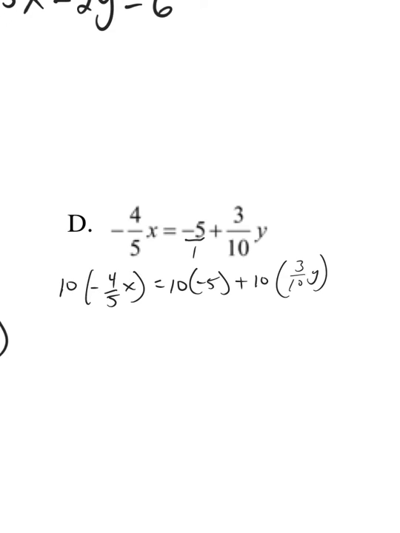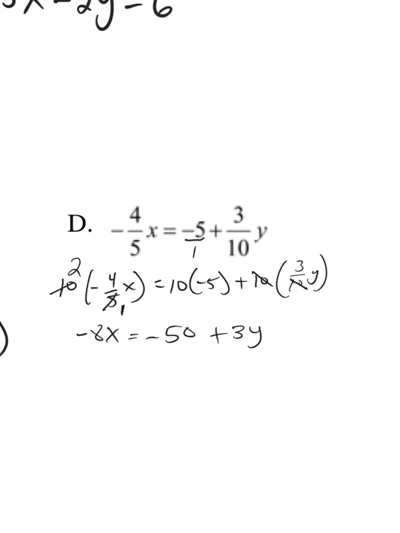This will allow me to cross cancel. 5 goes into itself once, goes into 10 twice. 10's over here cancel. So now I have negative 8x equals negative 50 plus 3y.